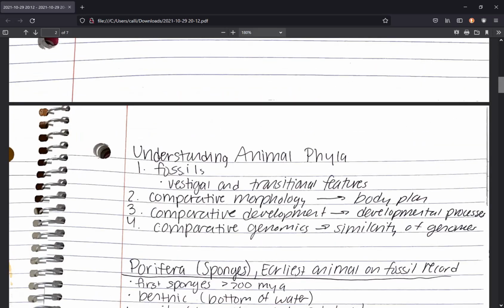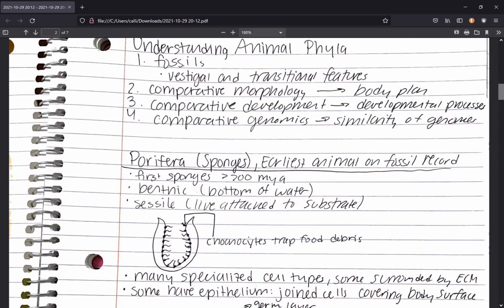And then continuing on. Like I said, there's a few different ways that we can understand animal phyla. We can look at fossils for vestigial and transitional features. We talked about that when we were going over natural selection, so go back to that if you need to review what those vocabulary words mean.